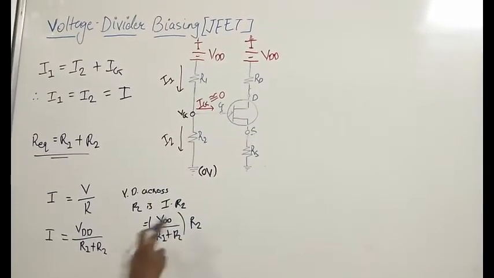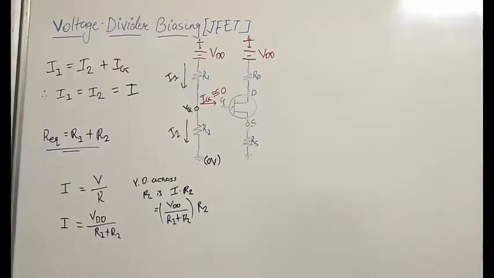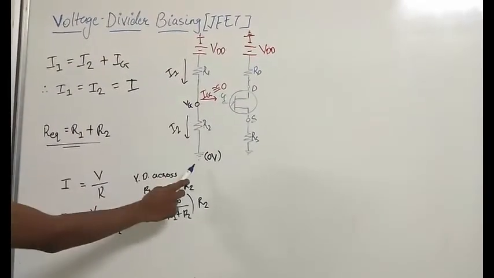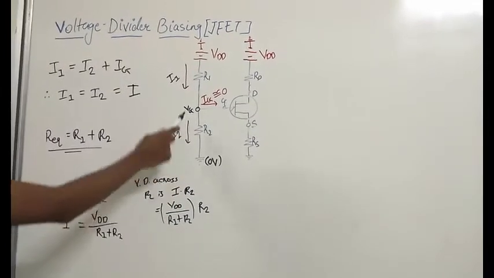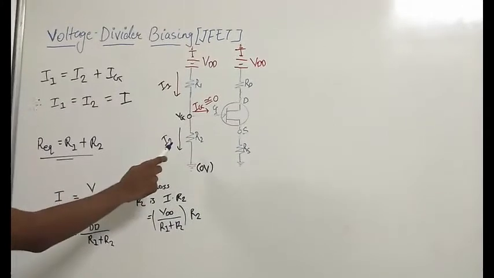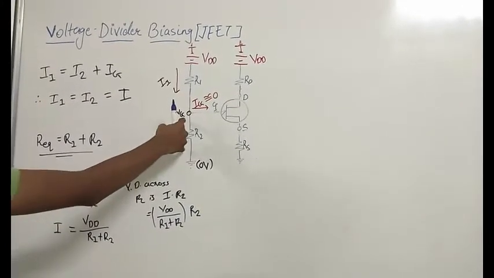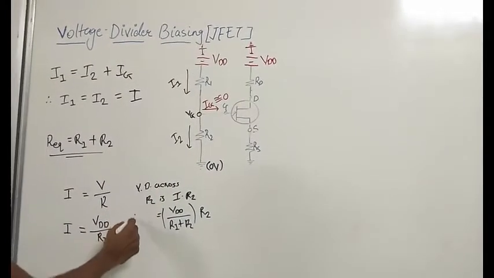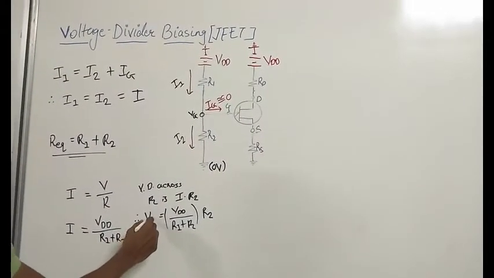This is the voltage across R2. So now here is the Vg and this is the ground. So the voltage drop on this branch is Vg. So it's similar to this voltage drop across R2.